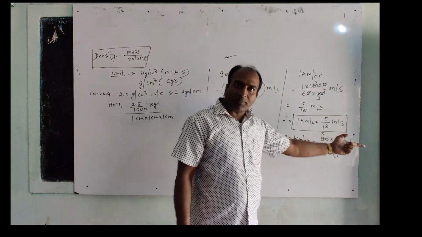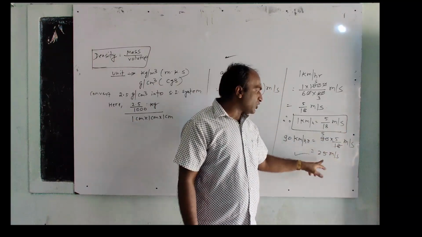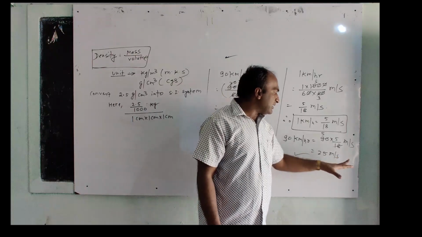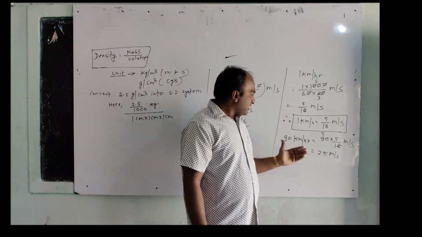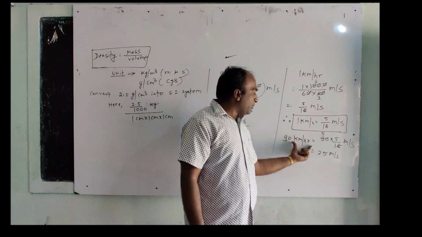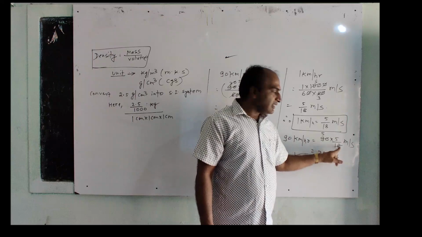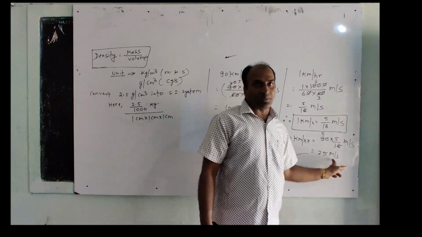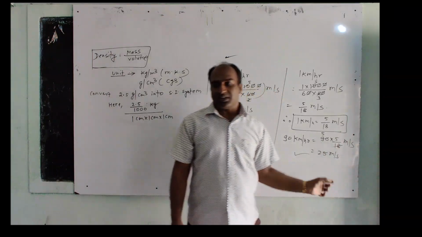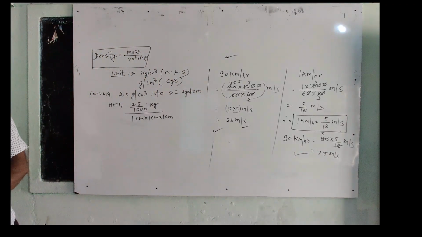Similarly, 90 kilometer per hour equals 90 into 5 by 18 meter per second, which is 25 meter per second. It means that if any value is given in kilometer per hour and we multiply that value by 5 by 18, it gets converted to meter per second. This is also one of the simplest ways of converting kilometer per hour into meter per second.